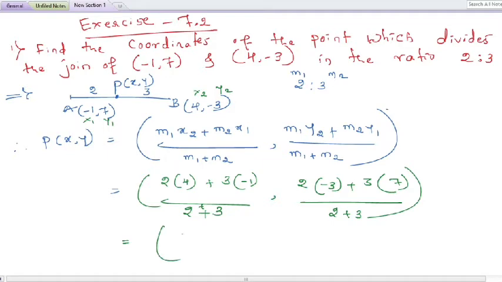So in the bracket, 2 4s are 8 plus, here minus sign is there, 2 4 is 8 plus minus minus 3, divided by 2 plus 3 is 5, comma, 2 3 is 6, minus 6 plus 7 3 is 21, divided by 5.